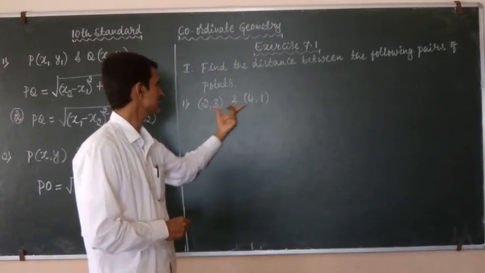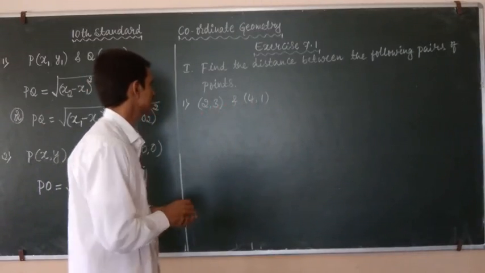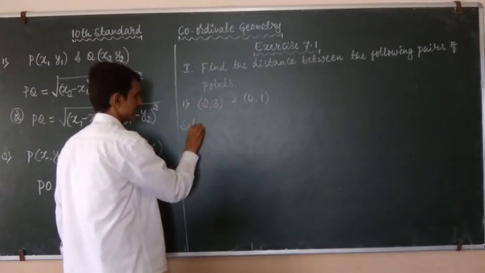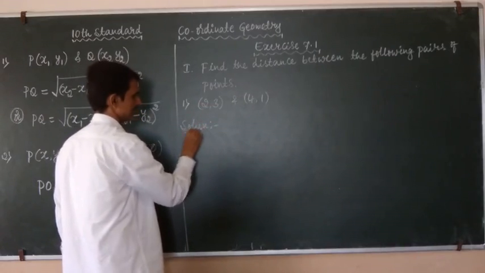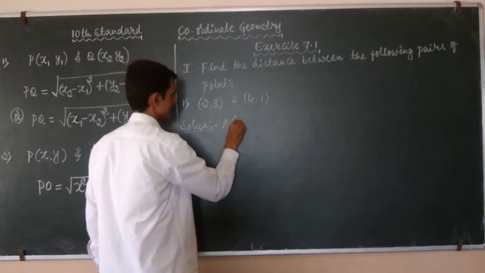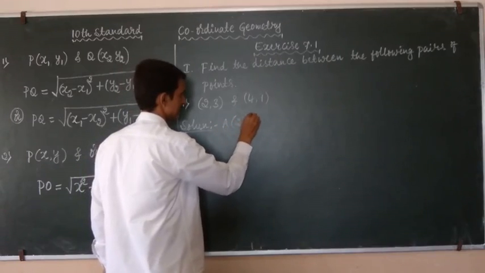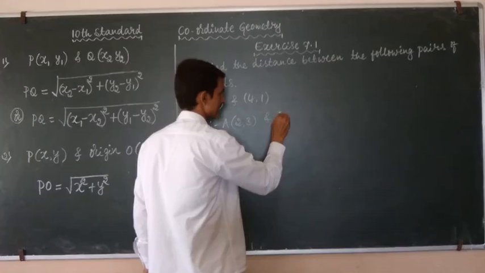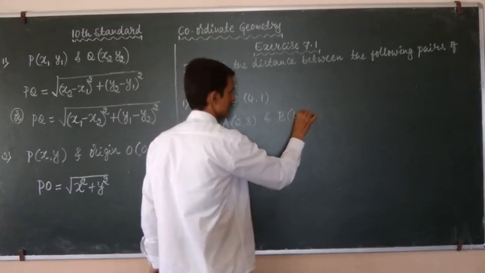Now let us take this as A and B. So this is a point A of 2, 3 and this point as B of 4, 1.